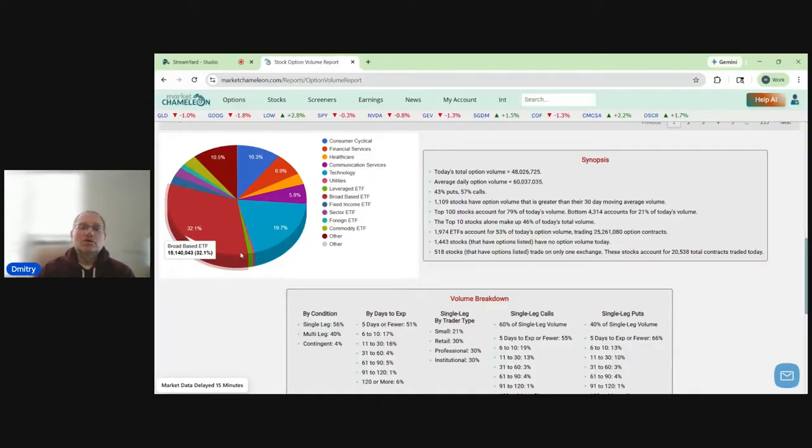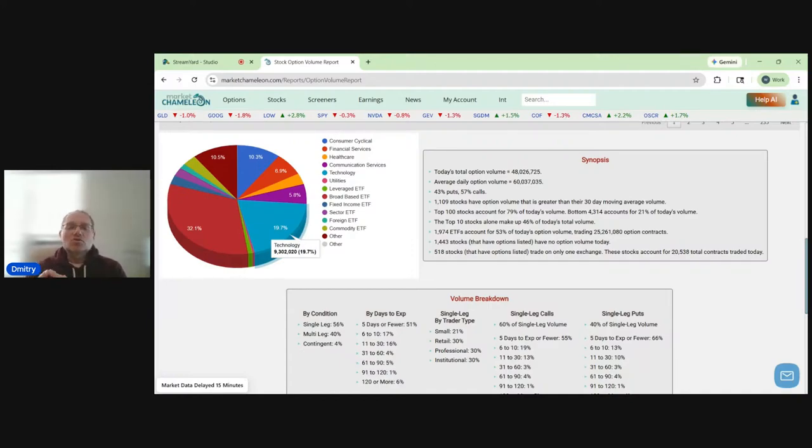If we hover over other parts, we could see that the technology sector had 19.7% of all the option volume, and that is followed by, let me see over here, consumer cyclicals. So the technology sector by far made up the biggest portion of the traded option volume.